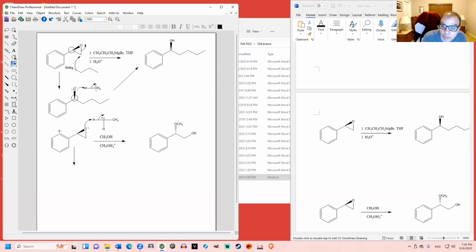And that saved me the trouble of redrawing it. So that's the intermediate that you get.